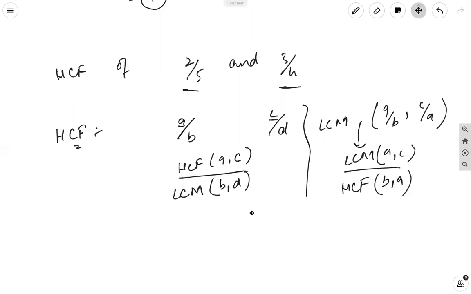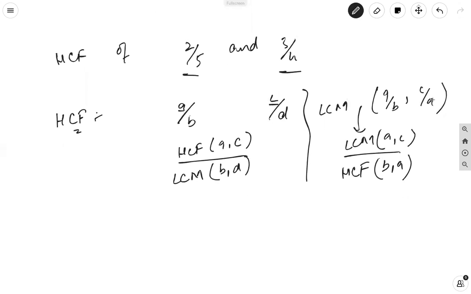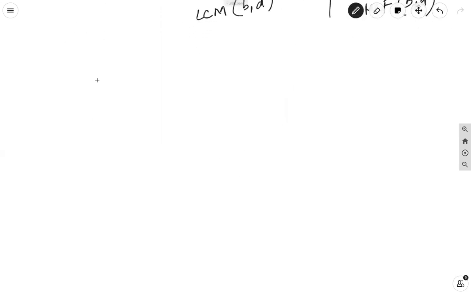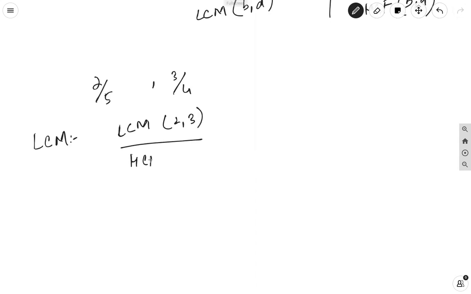For example, we have 2 over 5 and 3 over 4. If I find the LCM of this, I will take the LCM of the above 2 and 3, and the HCF of the below 5 and 4, right?